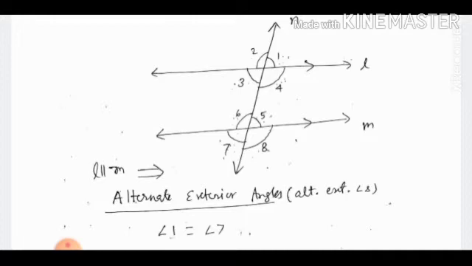Likewise angle 2 is to the left of N and above line L. For that, angle 6 is corresponding because it lies above line M and to the left of N. Likewise the corresponding angle for angle 3 is angle 7, and for angle 4 is angle 8.